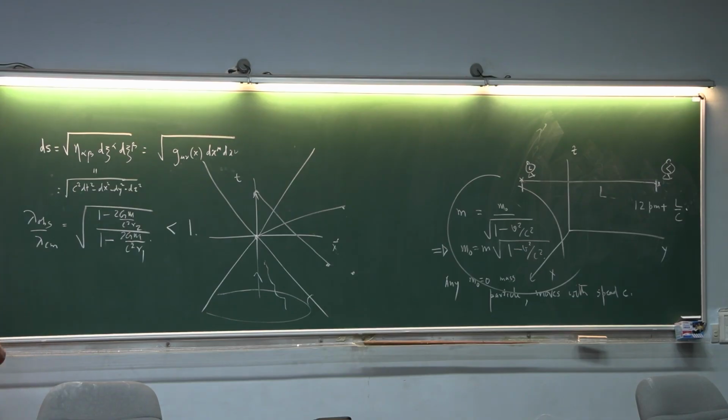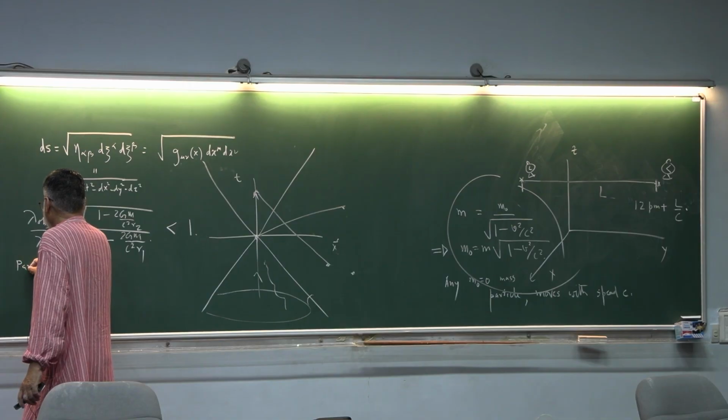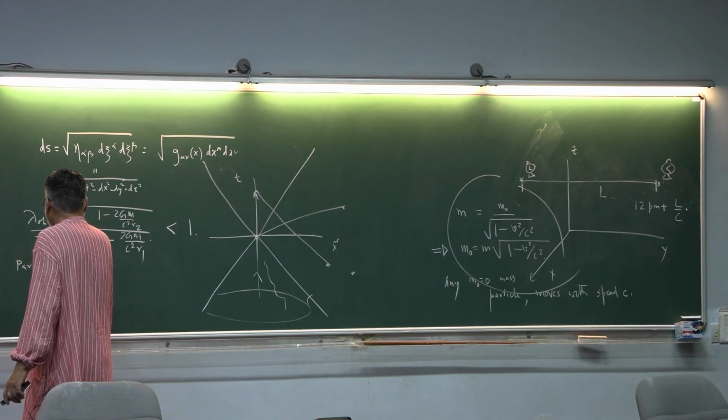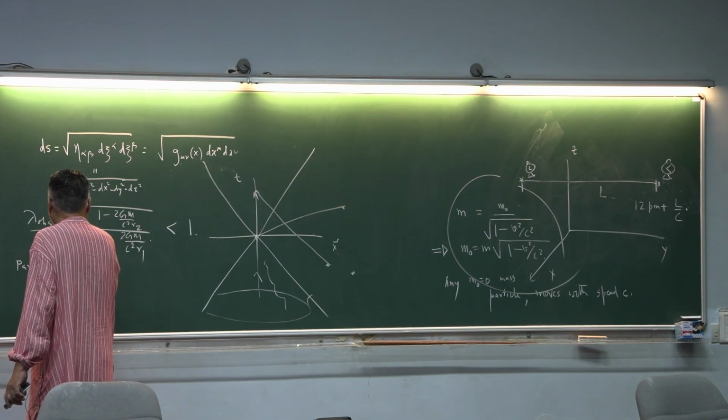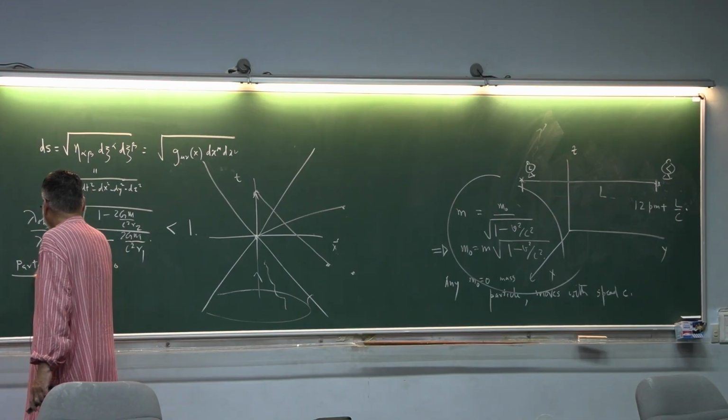So null rays I have talked about, null particles we have already talked about. Now we are talking about particles with rest mass non-zero, or strictly speaking greater than 0.